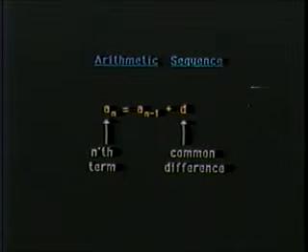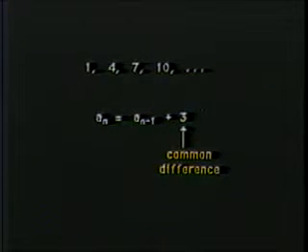That number that you add each time is called the common difference, d, and we can use it to write down this all-purpose formula for arithmetic sequences. If you know any term of the sequence, this lets you find the next one. The sequence we just saw, for example, would look like this when we apply the formula using the common difference of 3.